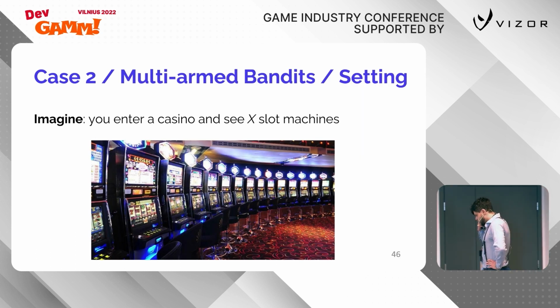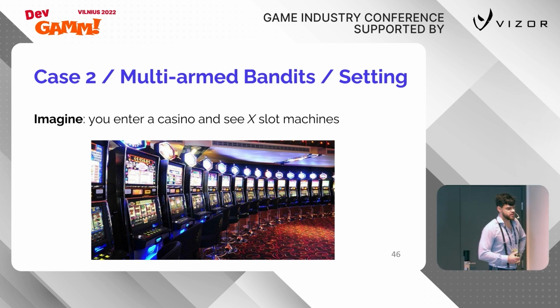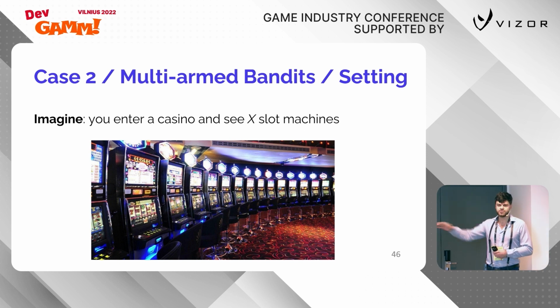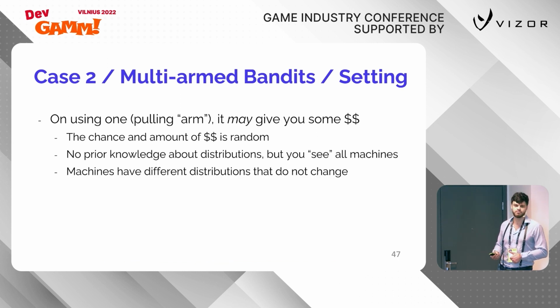What is this family of algorithms about? Imagine you walk into a casino and you see a bunch of slot machines, and each of them has levers, arms that you can pull, and probably with some probability you get some money back.